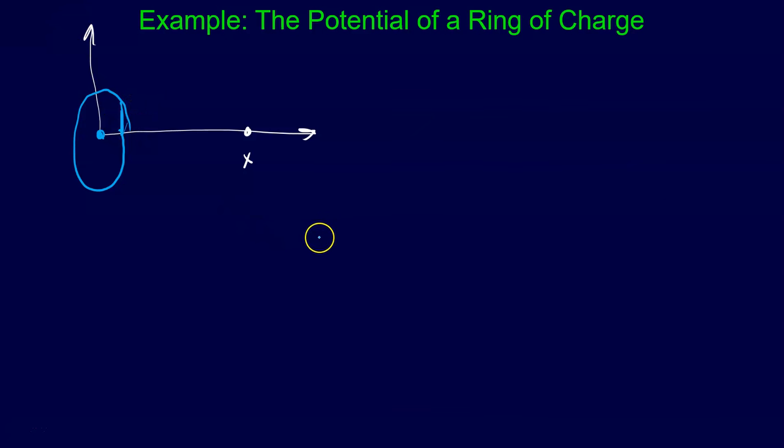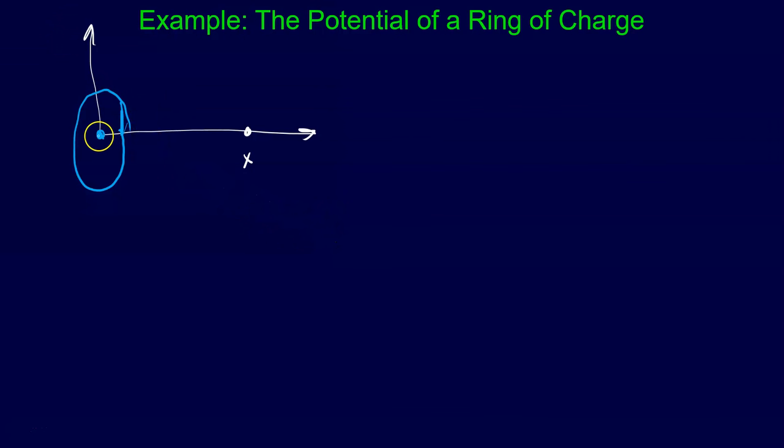Now what I'd like to do is go back to an example we dealt with before, the ring of charge. Here I'm going to set up our axis, make this the point X, and then draw our special ring of charge. If you remember, it's in the ZY plane, a ring of charge set up on the axis.